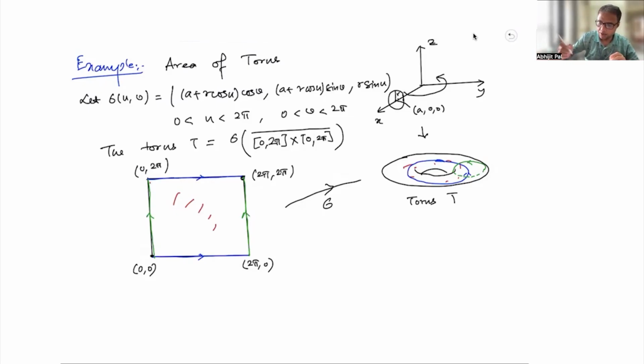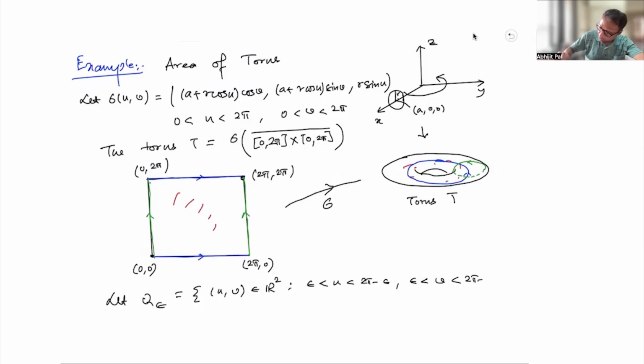So now let us take Q epsilon to be this region: (u, b) belongs to R2 such that epsilon is less than u less than 2 pi minus epsilon, and epsilon less than b less than 2 pi minus epsilon. So what is this Q epsilon in this figure?